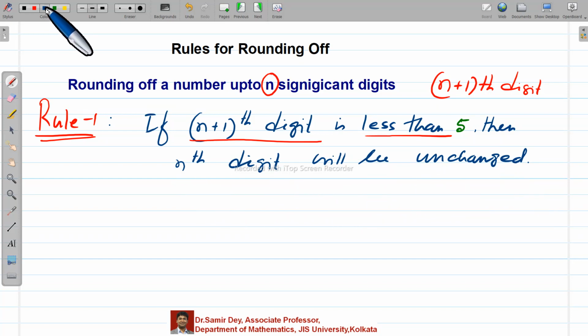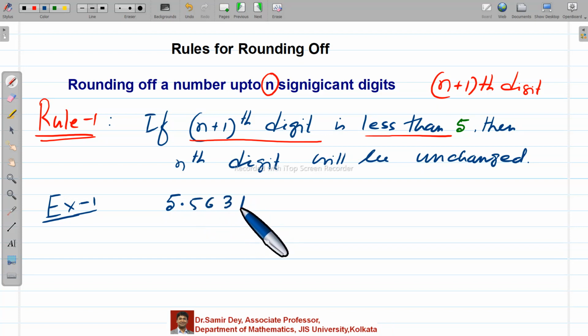Now let's see some examples. Try to understand, a very simple example. Example number 1: 5.5631. Suppose you want to round off up to this level, that is 3 significant digits, 5, 5, 6.